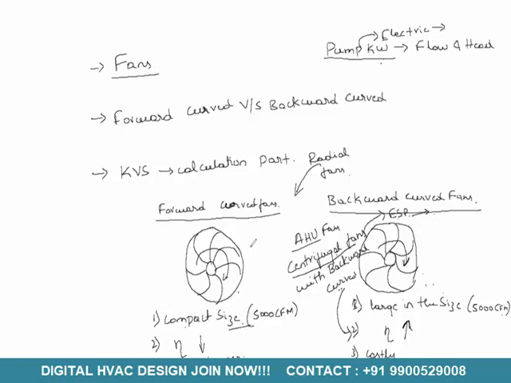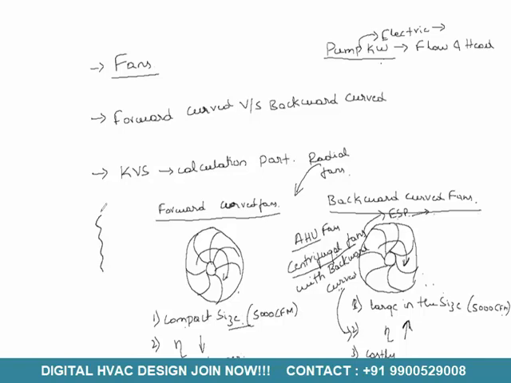For condensers and all, it is ABS plastic material, where you need more discharge. But it need not have more ESP, because it has to push the air from the coil to the outside, from the coil side to the other side.